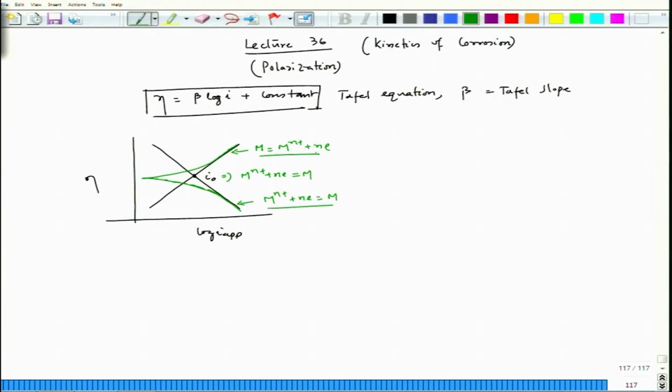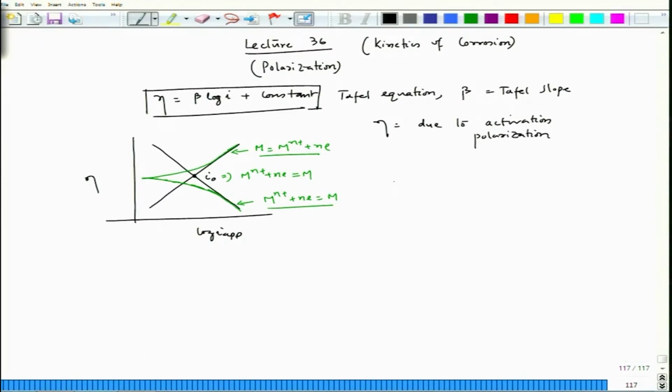So, these were the concepts that we have seen in the last lecture, and this eta C or eta A, either it could be cathodic over voltage or anodic over voltage, which is due to cathodic as well as anodic polarization respectively, is due to activation polarization.